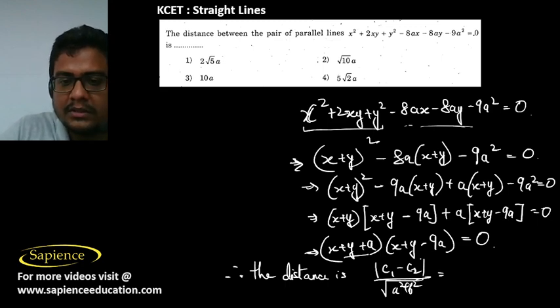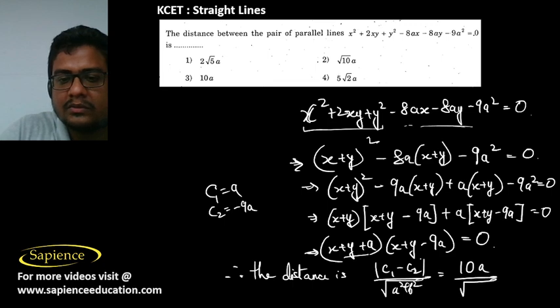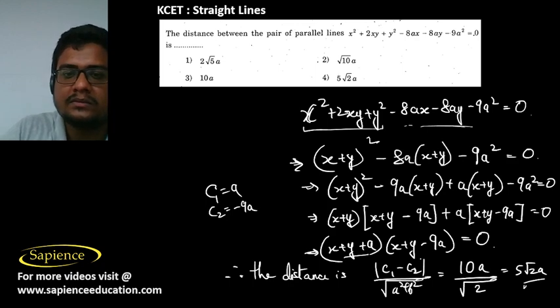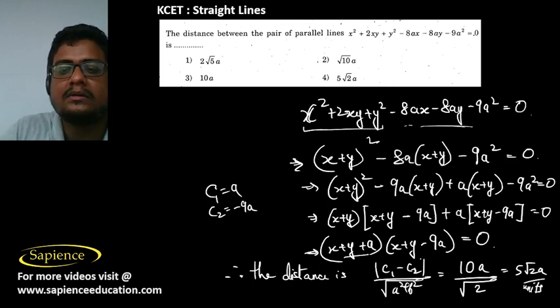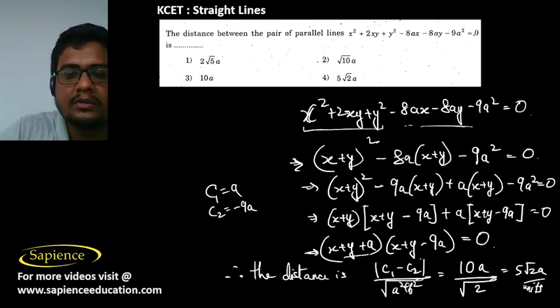Here c1 is a and c2 is minus 9a. So c1 minus c2 will be 10a divided by square root of 1 square plus 1 square, that is root 2. So 10 by root 2, that is 5 root 2a units. So this is the required distance between the pair of parallel lines.